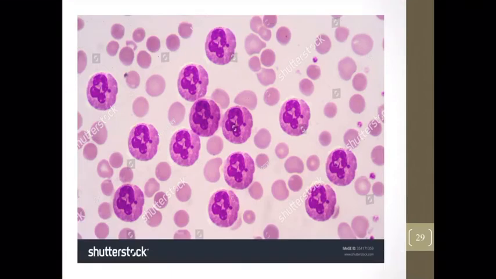Next, what about the WBC? We have to see the total count and differential count. Total count we can estimate grossly from the smear. We have to see around 10 to 12 fields, see how many WBCs are seen per high power field, and take the average over these 10 fields.